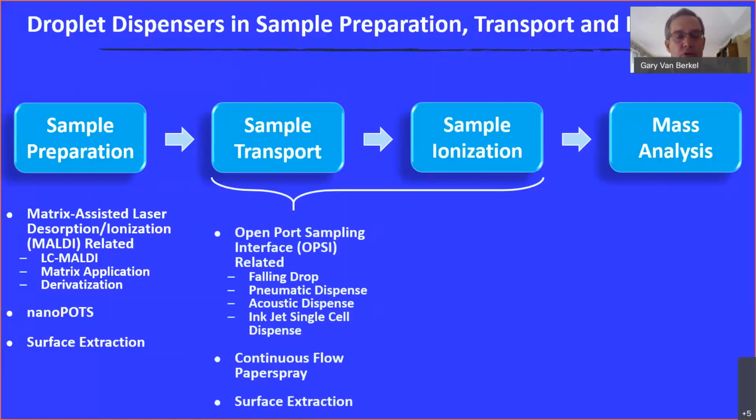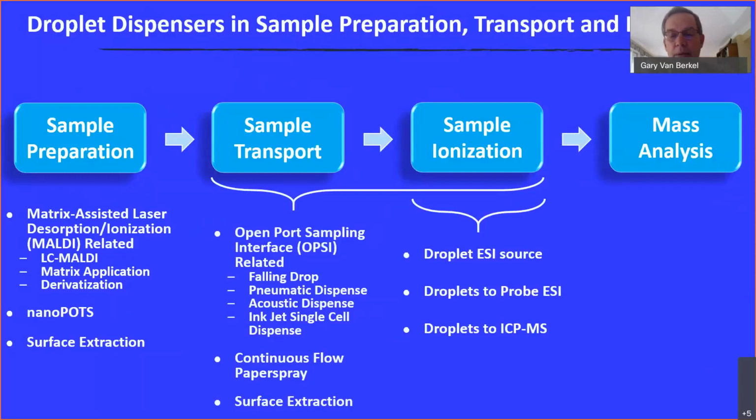And then what I will focus on today is the open port sampling interface, a new type of interface for coupling to a mass spectrometer. But there's also in the literature continuous flow paper spray and other types of surface extraction methods coupling both the sample transport to the mass spectrometer and ionization.